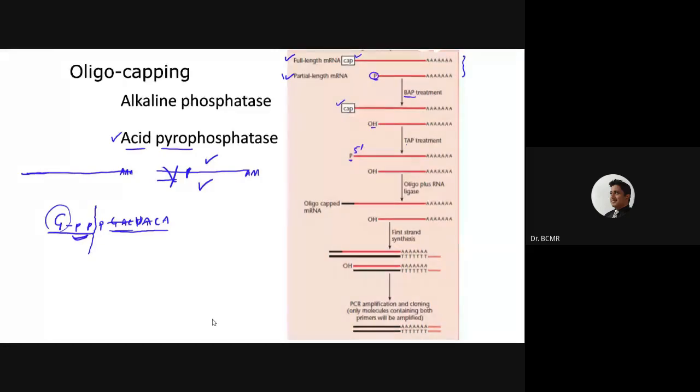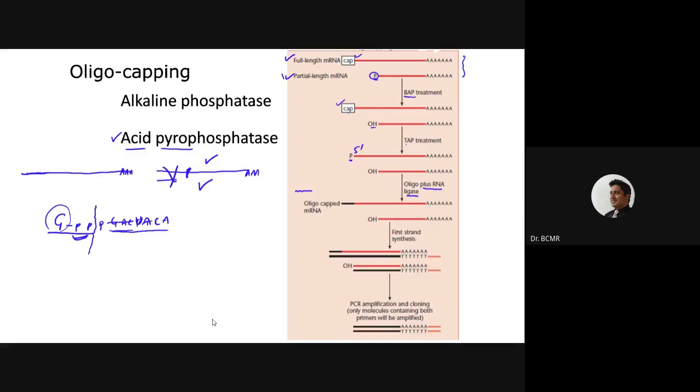Now, this is also a nice technique. I like this for the thought. They add an oligo and use RNA ligase. So I add an RNA oligo, a small RNA fragment of known sequence. I know the sequence of the RNA, and I add RNA ligase.